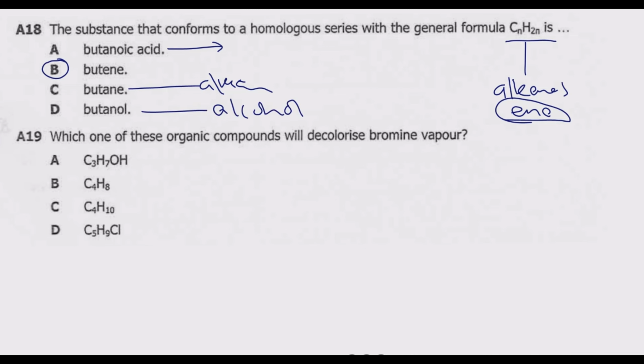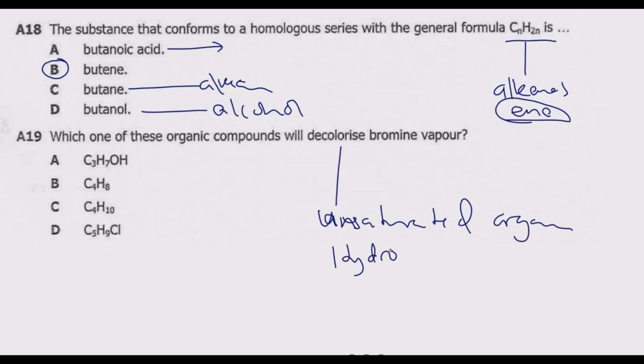Then 19, which of these organic compounds will decolorize bromine vapor? So we know that these are unsaturated organic compounds. So these are basically hydrocarbon compounds. They undergo addition, as opposed to the alkanes, which do not, because of their strong single bonds.